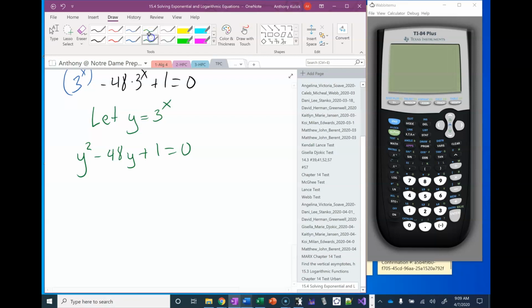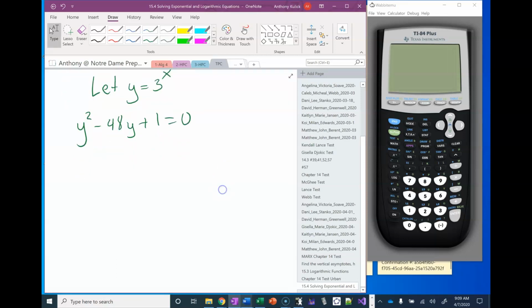So to solve this quadratic, I could try either factoring, or if I can't factor, I can use the quadratic formula. Really, I can always use the quadratic formula. I just prefer to factor usually because it's quicker. Here it should be pretty obvious. There's not two numbers that multiply to 1 and add to give us negative 48.